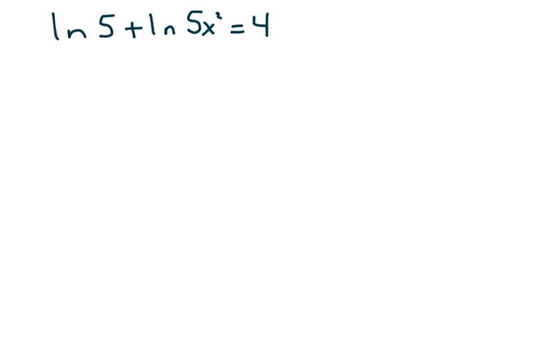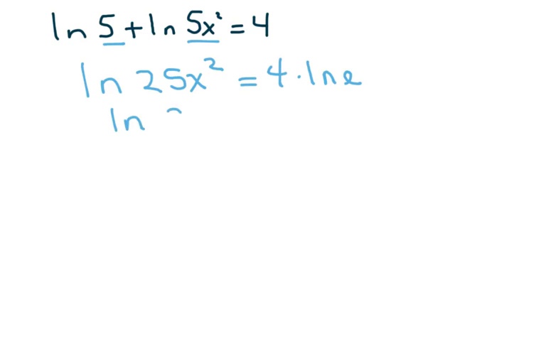Okay, now we're running into a little different problem. I'm going to condense my left side, write this as a single log. I'll just multiply these 2 pieces, and I'm multiplying my 4 by 1, which is ln of e. All right, so let me copy it down again and use my power property. So this is ln of e to the 4th. I can cancel my ln's, and then I solve for x. So I'm going to divide both sides by 25.